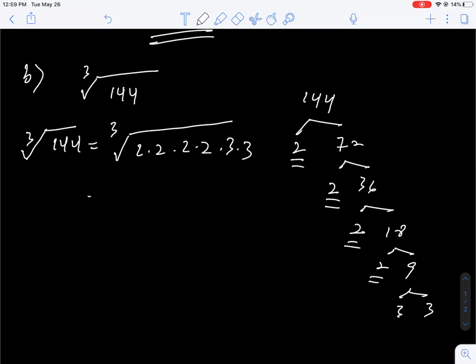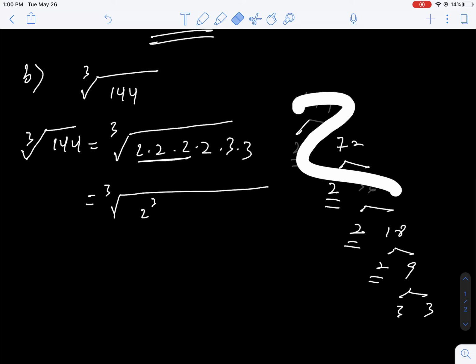Okay, now because it's a cube root, what I'm going to do is we'll create groups of 3. So I've got a group of 3 2's, and that's about it. So I'll change it to a different format, 2 to the power 3.